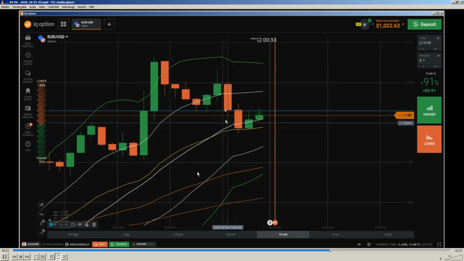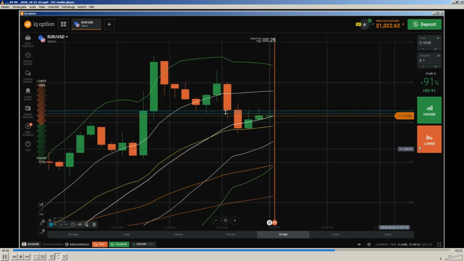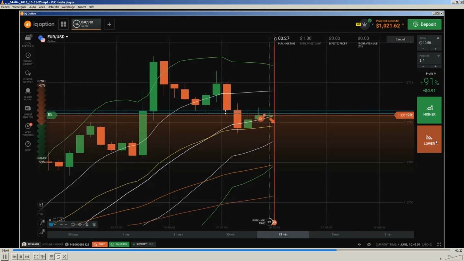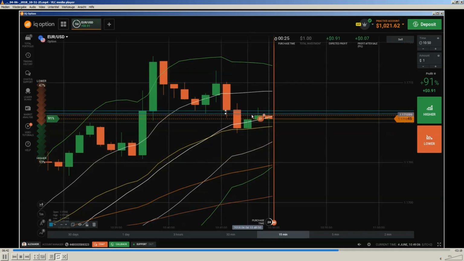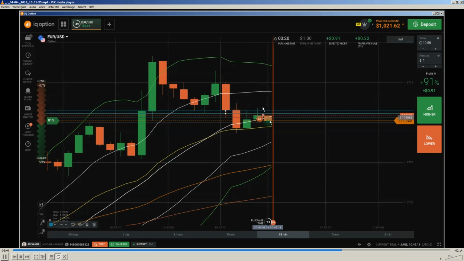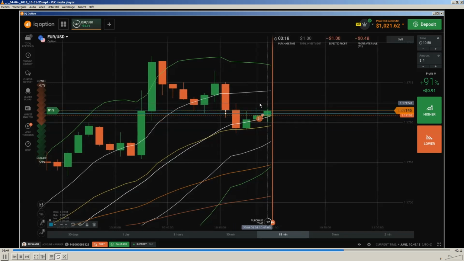Let me see what we have done. I was drawing some other things, okay, and then I entered into a put after I understood that this neckline here would be the resistance, and I entered into this trade.